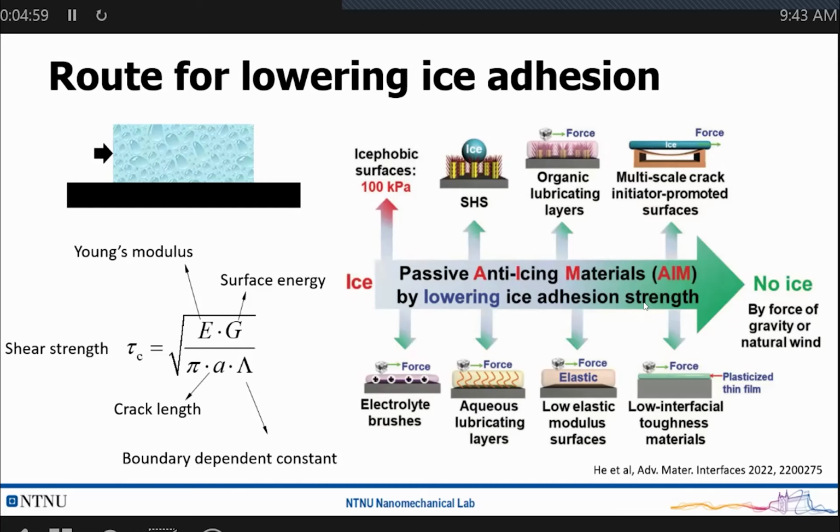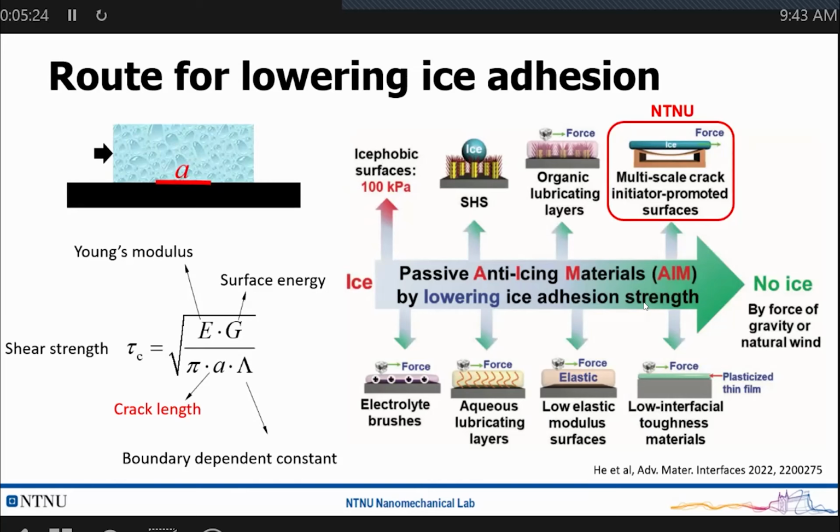What we have been focusing on previously is to design the multi-scale crack initiator promoted surface, where we design those subsurface structures. We don't work at this interface, but design this subsurface structure to maximize the stiffness inhomogeneity between the ice and the substrate.